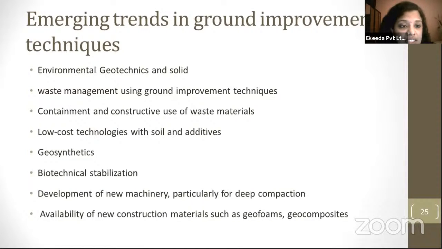So the concept is environmental geotechnics, and soil is used for ground improvement technique, or use of waste or contaminants and constructive use of waste material, low cost technologies with soil and additives, geosynthetics, biotechnical stabilization, development of new machinery, particularly for deep compaction, availability of new construction materials like geofoams and geocomposites. All these are the emerging trends in ground improvement techniques.